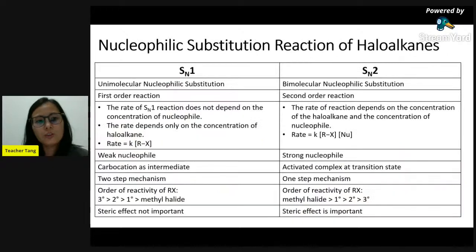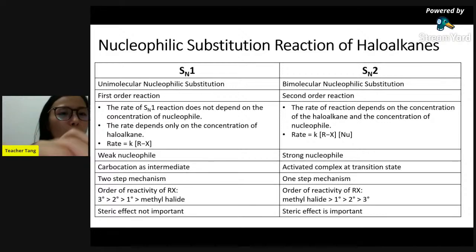Okay, so with that in mind, now we can move on to look at nucleophilic substitutions reaction mechanism for haloalkane. So for haloalkane, when it undergoes nucleophilic substitutions reaction, it can go through two different mechanisms. Okay, so the first one is SN1.